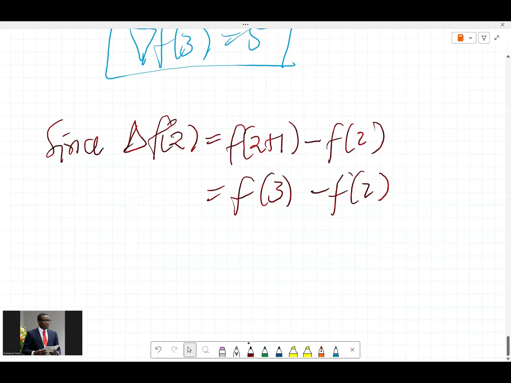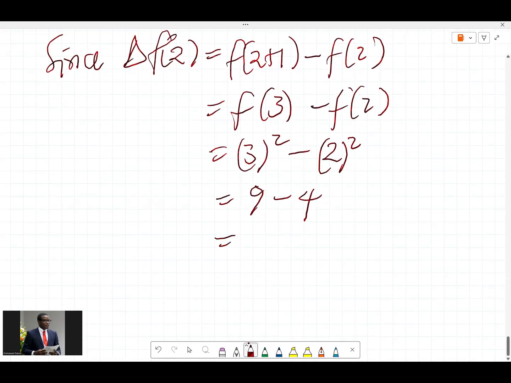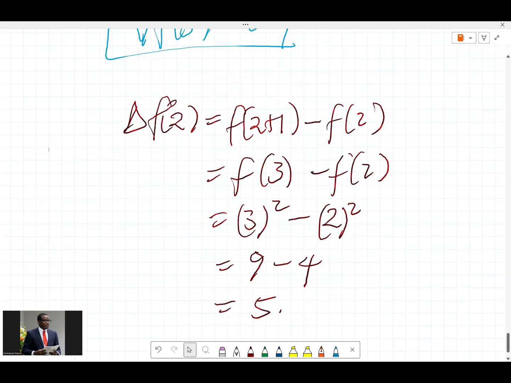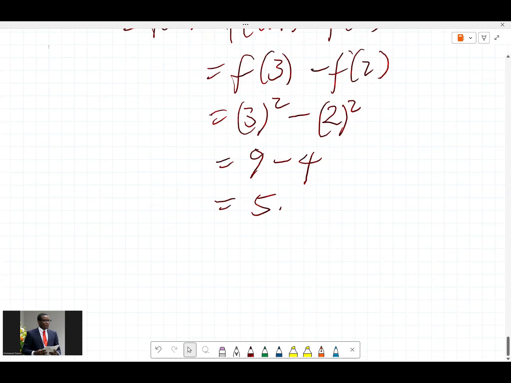Again, f of 3 is 3 squared and f of 2 is 2 squared, so that is 9 minus 4, and that is also 5. So the forward difference of f of 2 is 5.